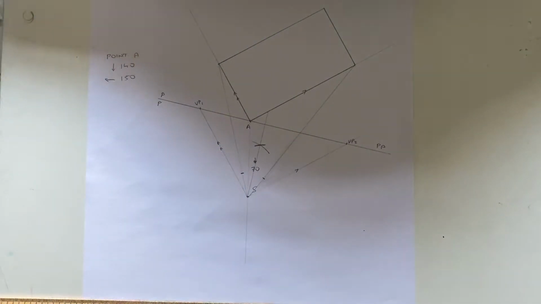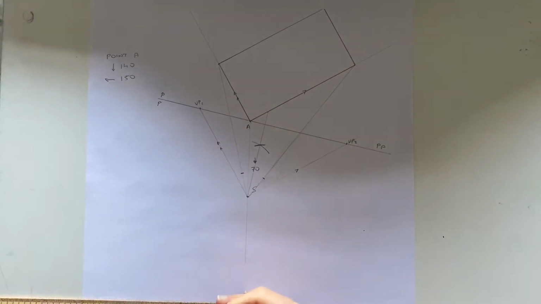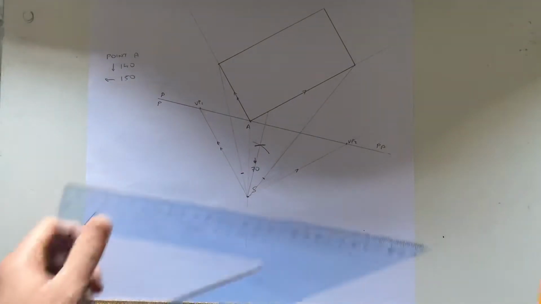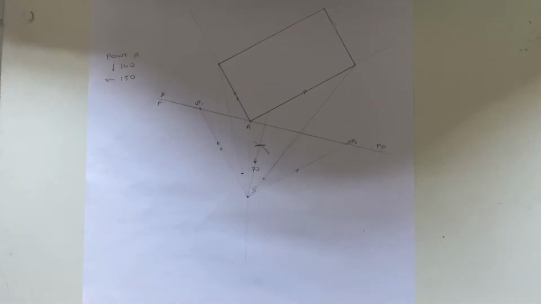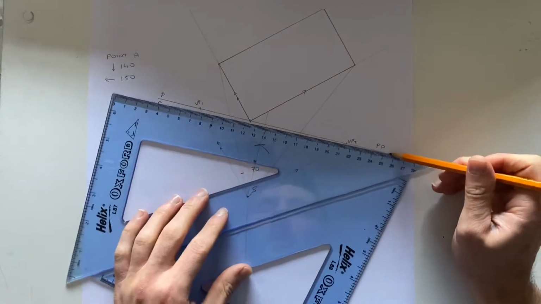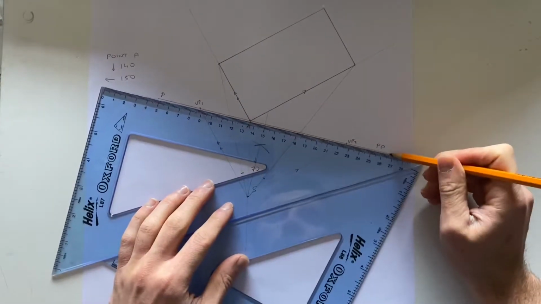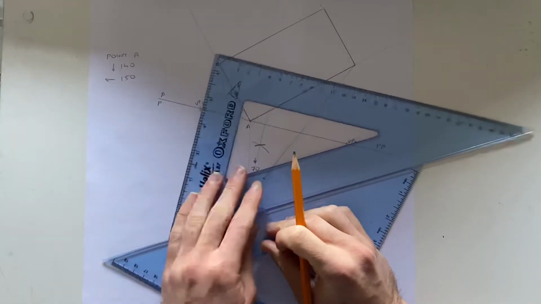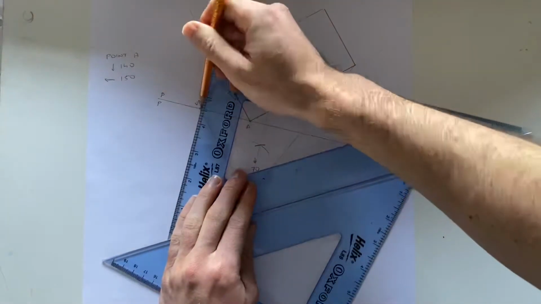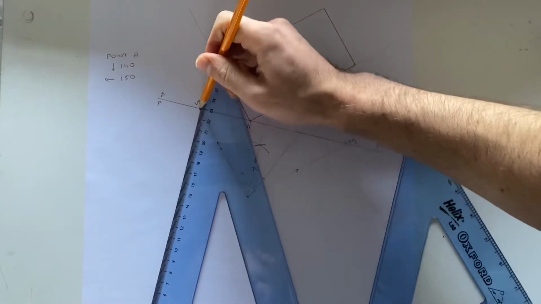Now I need to get my ground line. So we know from the previous question, we do not need to know a certain distance away. We can go any point below the page, just as long as we don't go off it. So just using sliding set squares again, going from our vanishing points. So from VP1 there, take that straight down, and I'll just extend it right down there.